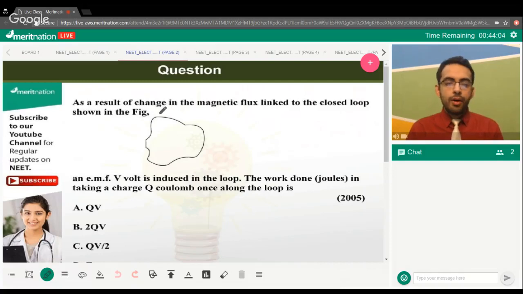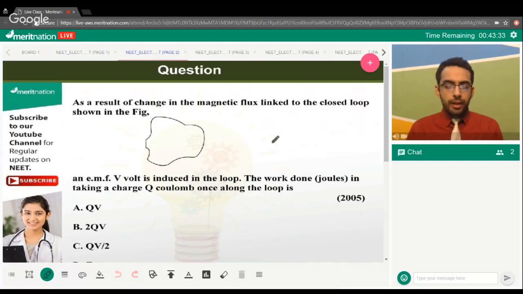As a result of change in magnetic flux linked to the closed loop shown in the figure, an EMF is induced in the loop. The work done in taking a charge q coulomb once along the loop is, we have to find the work done in taking q amount of charge through the loop.